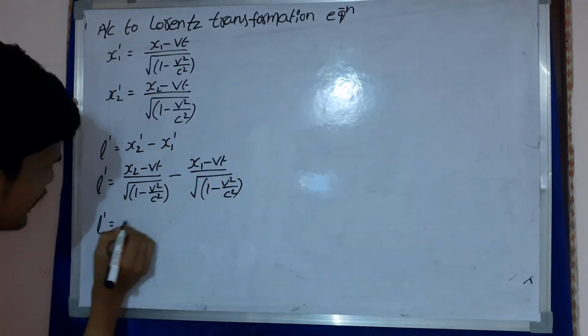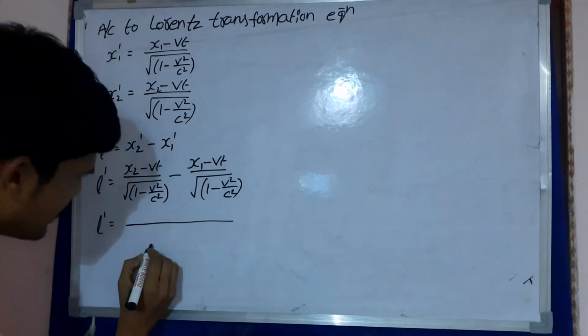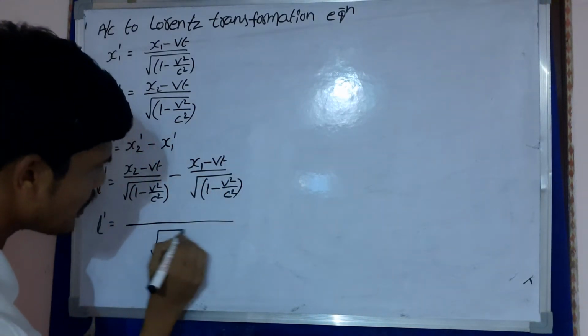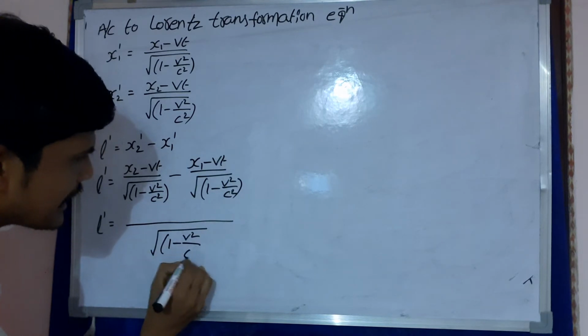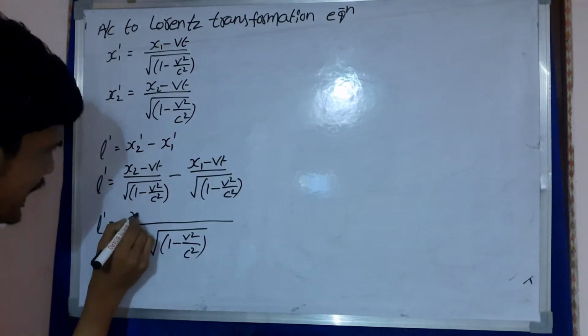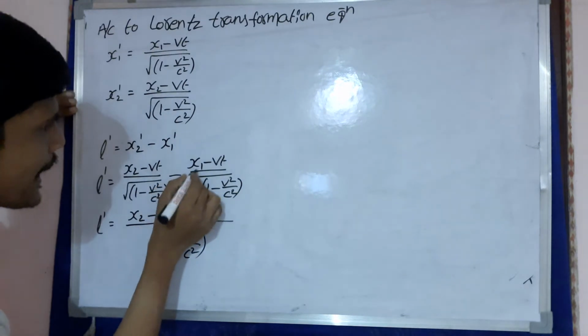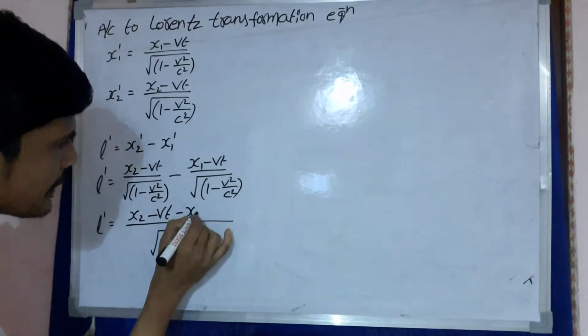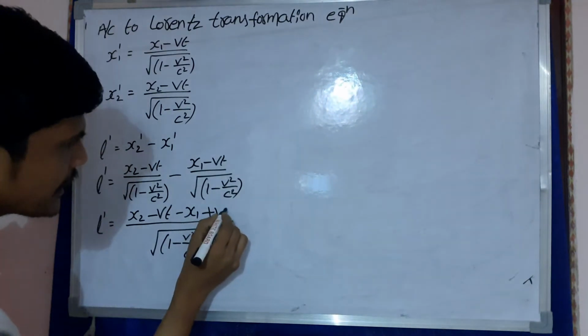Taking the common denominator root over 1 minus v square by c square, we get x2 minus vt minus x1, minus into minus gives plus vt.